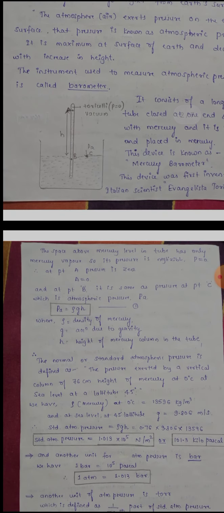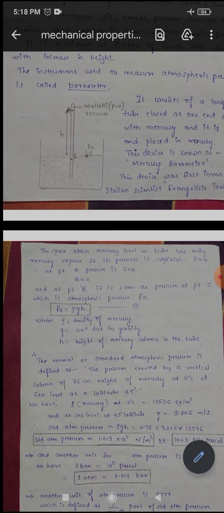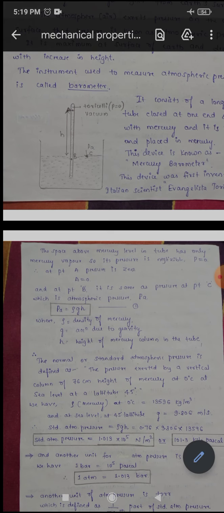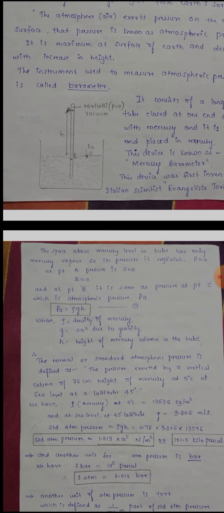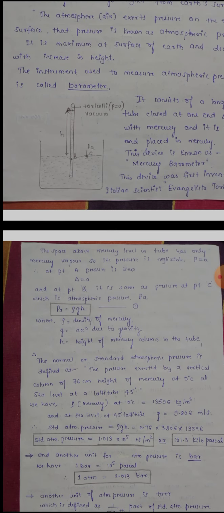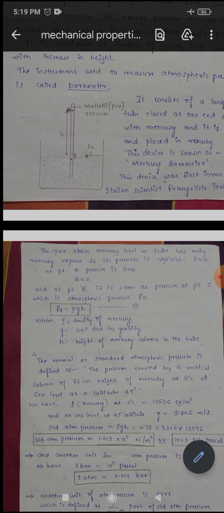Next comes the point B. The pressure at point B is the same as the pressure at point C. Here, we have point B inside the tube, and in the mercury bath we take a point C. Both B and C are at the same level, that is, at the same height.